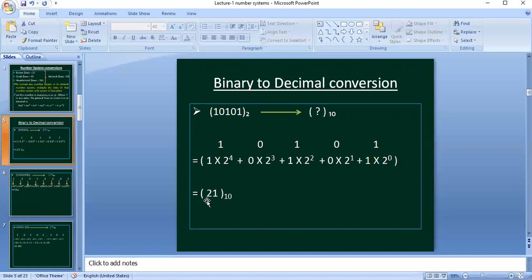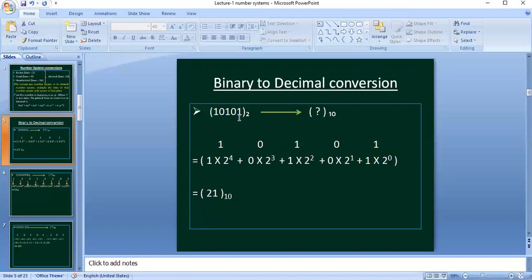The rightmost bit is called the least significant digit position, and the leftmost bit is called the most significant bit position, or most significant digit position.